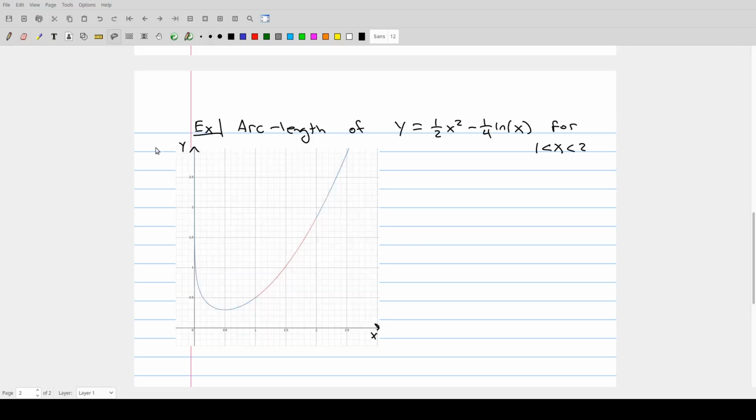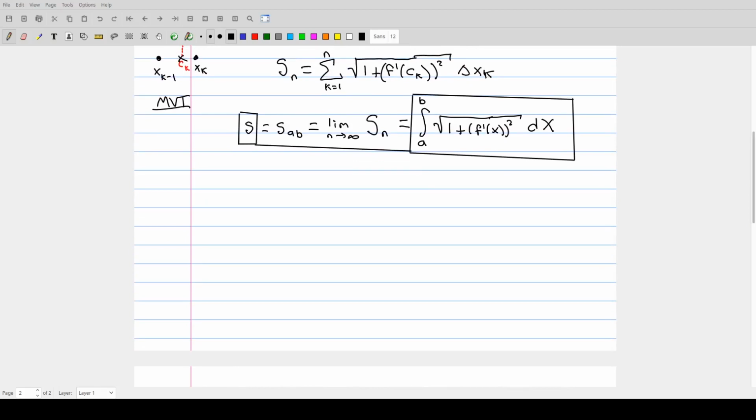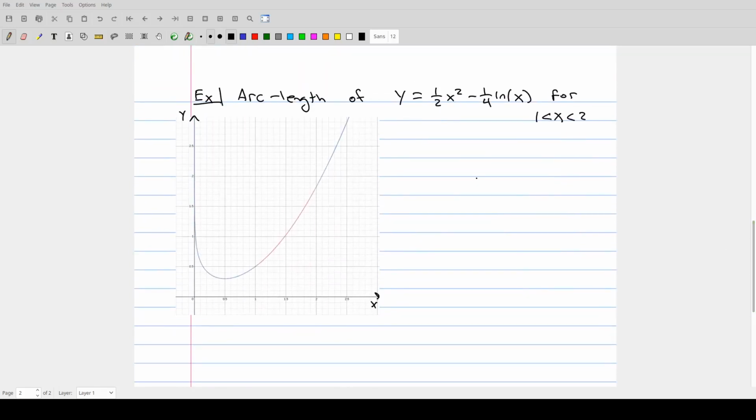The first thing that we need to do to use this formula is realize that in the formula that we just derived, we have the derivative of the function. So we're going to want to take the derivative of this function. This is our f of x right here.